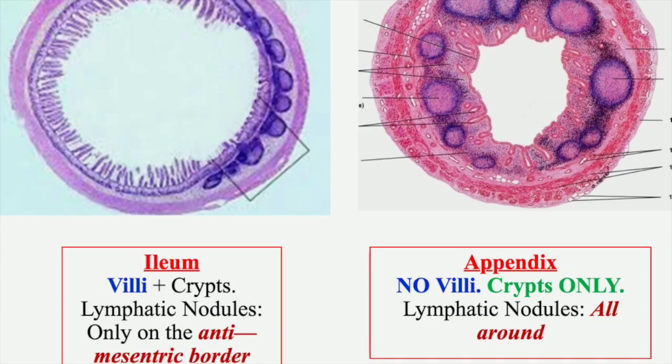Here, in case of the ileum, we have villi, which are cylinder-like, looking like fingers, and crypts here, this area, and the lymphoid follicles are present only at the antimesenteric border. Here in the appendix we don't have any villi, we don't have any projections inside. We have only the crypts. And the lymphoid follicles are present all through the circumference of the organ.